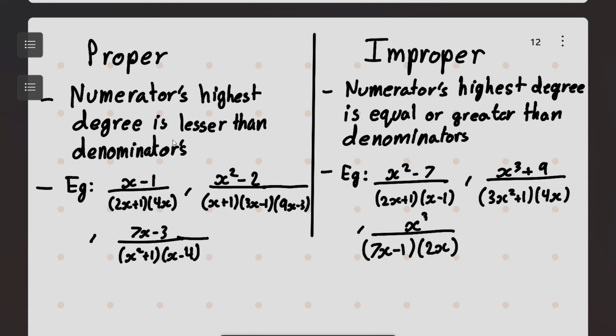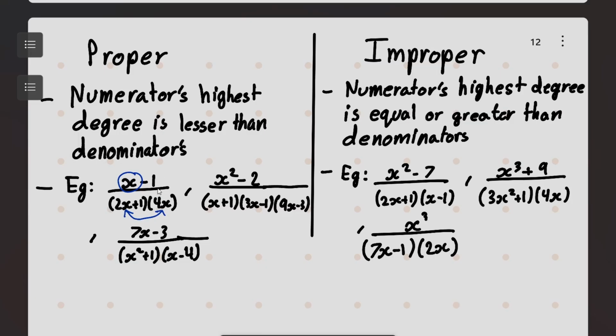Now that was just one example, and now I have to explain the difference between a proper and improper fraction. So in proper fractions, the numerator's highest degree is less than the denominator's. If you could see here in the first example, the highest degree of x is 1. And if you multiply these two brackets, the highest degree we can get is x squared.